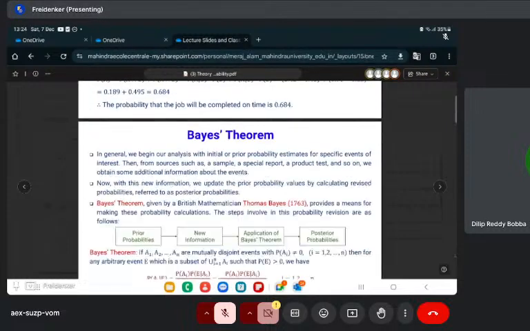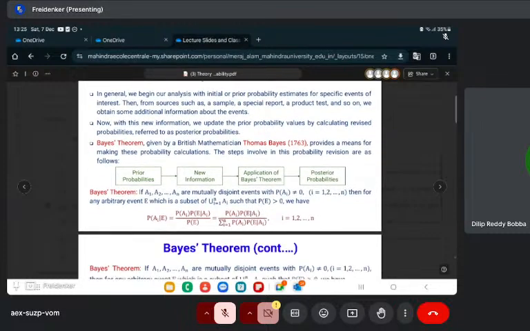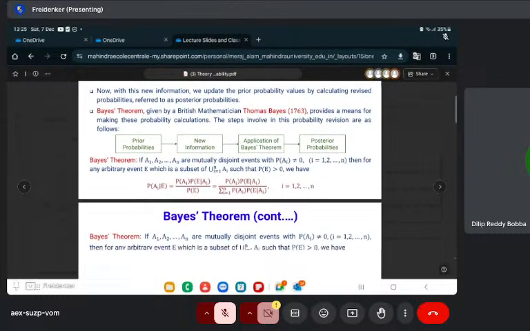Last topic. Bayes theorem. So you want to find posterior probabilities. I think Sir gave some example about a party where some number of people wore red shirts.